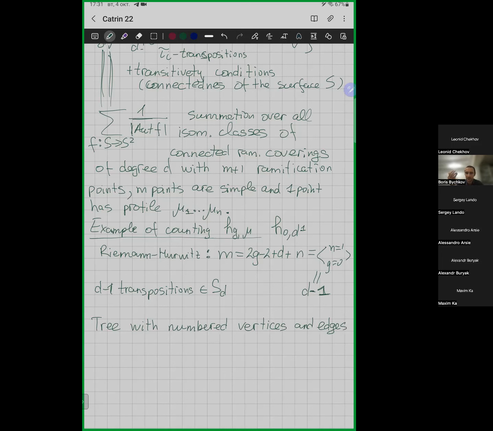So if we have such a tree, we can consider a product of these transpositions, which is defined by the numbers of the vertices, in the order defined by the enumeration of edges.